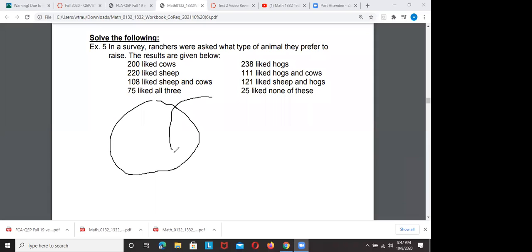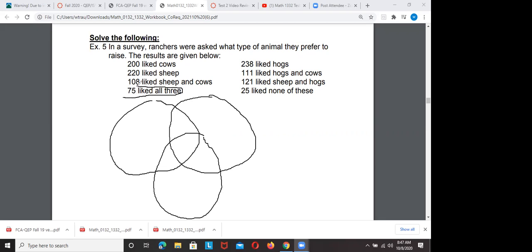So when I'm filling this out, the first thing I want to know is all 3, because that's always the one with the most. Do you see 75 liked all 3?